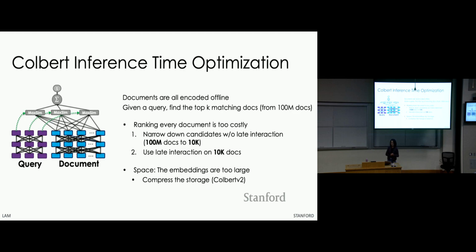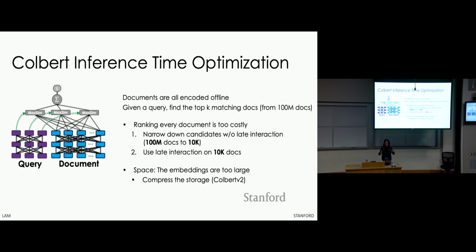So the first paper describes the first optimization. The second describes the second one. And that is that if you give me a query, I have to find the top K matching documents from, say, 100 million documents. Ranking every document is too costly, so we want to narrow down the candidates.